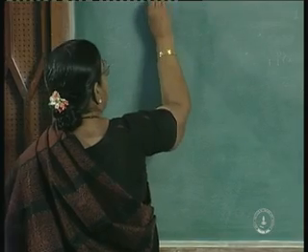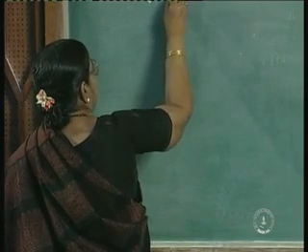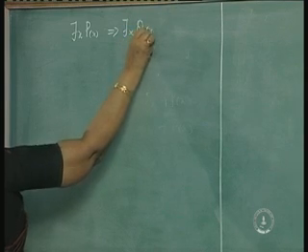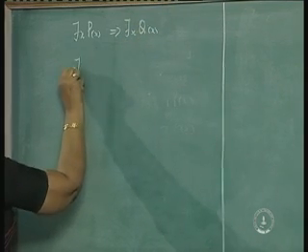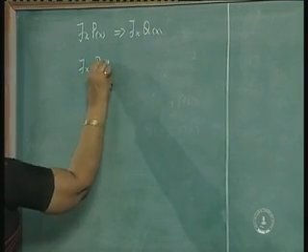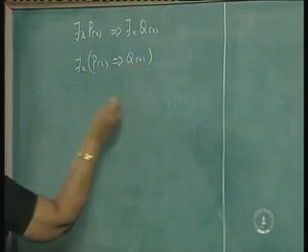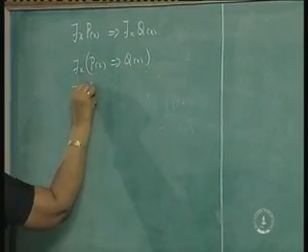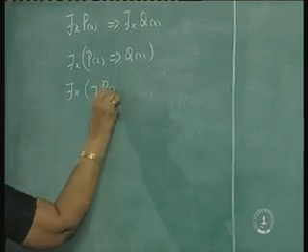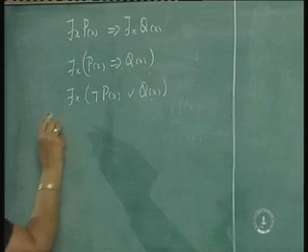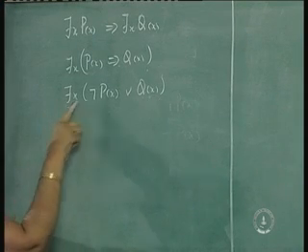Now we were considering whether these are equivalent or not. There exists x q of x and there exists x p of x implies q of x. Now this you can write as not of p of x or q of x, and you know that there exists distributes over OR.